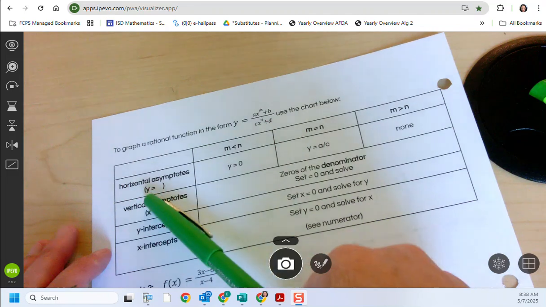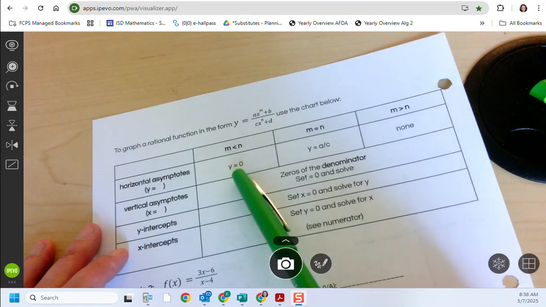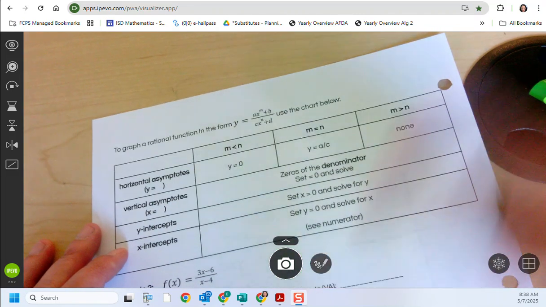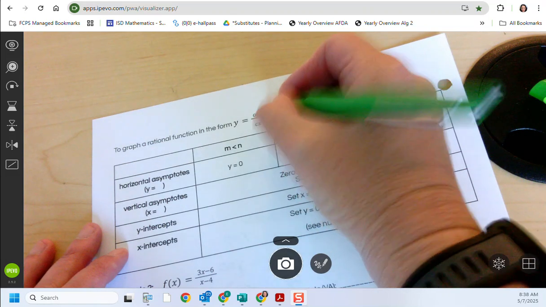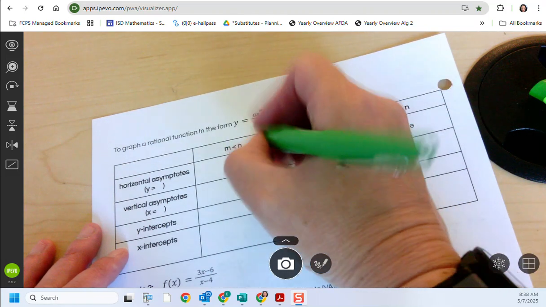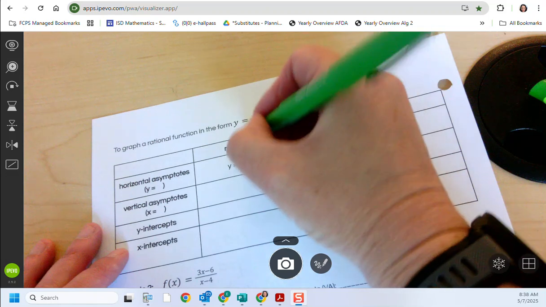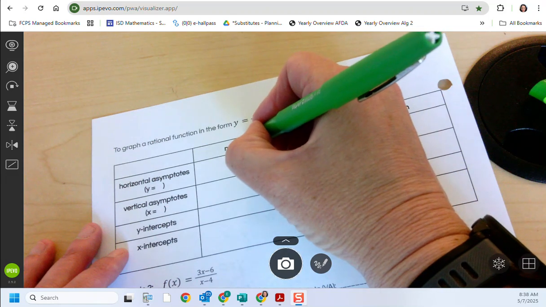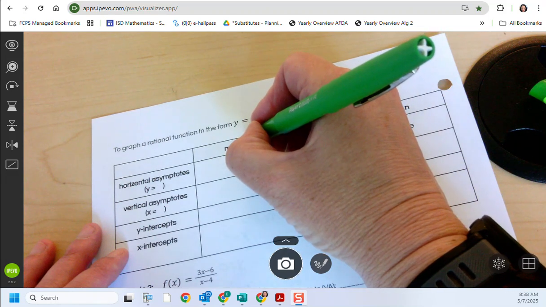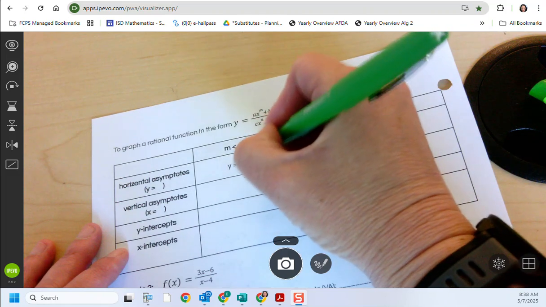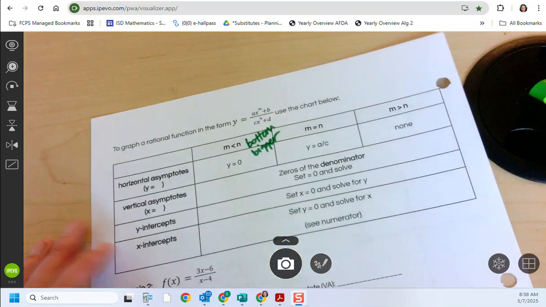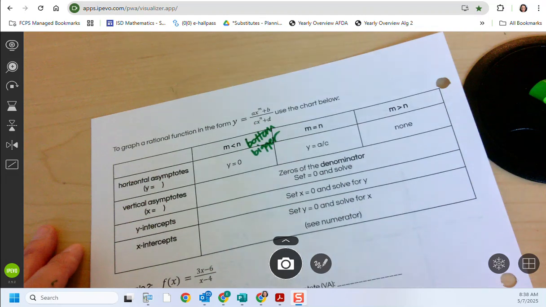For your horizontal asymptote, it's going to be y equals 0 anytime the degree of the bottom is bigger than the degree on the top. So this says degree on the top is smaller. I'm going to say bottom is bigger. Bottom, bigger. And I'm talking about the degree, which is the largest exponent.